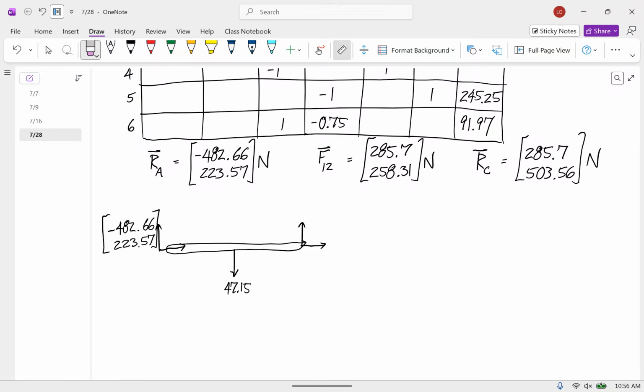So this should be a downward 447. So we have the vector 285.7, 258.31, and we're adding that to the vector 200 times the cosine and sine of negative 10 degrees.